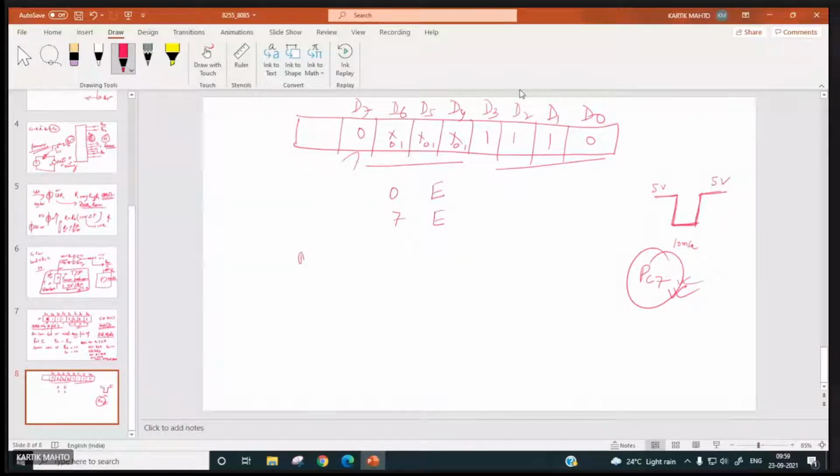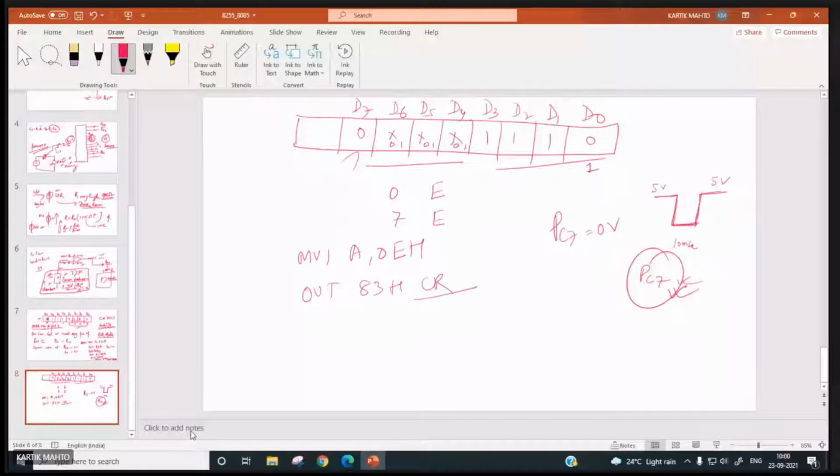So if you say MVI A, 0E, then OUT 83H, which is the control register address, it will make PC7 equal to 0 volt. Now if you make this bit 1, our control word is going to change. It will be 0F or 7F.